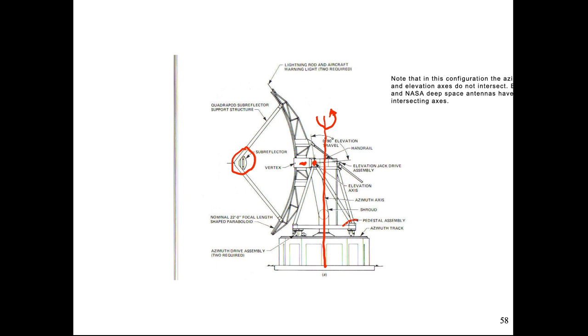Motors for the azimuth controls are located here near the wheels. There is a track, on which the wheels which allow rotation about the azimuth axis, and each is controlled by electric motors. And there is a motor for the elevation axis as well, and the antenna therefore can point in every direction.